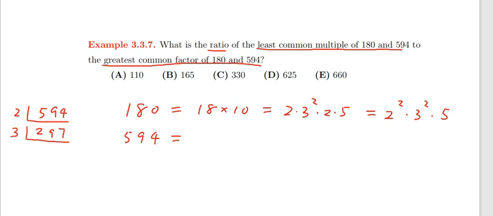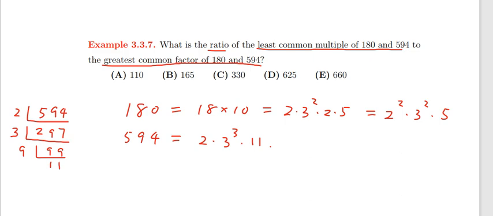Okay, so divided by 3, 27. Okay, this can be divided by 3 or by 9, like 11. So this number can be written as 2 times 3, 9, so this is 3, 3, 11.